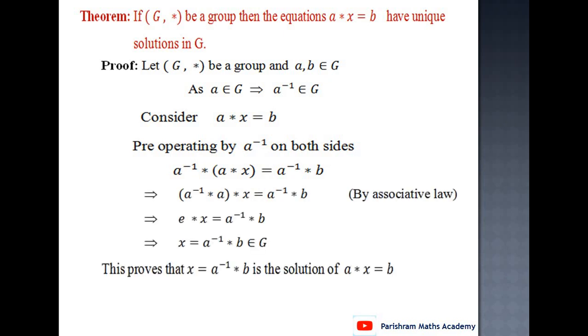By associative law, the left-hand side can be expressed as (A inverse star A) star X equal to the right-hand side A inverse star B.